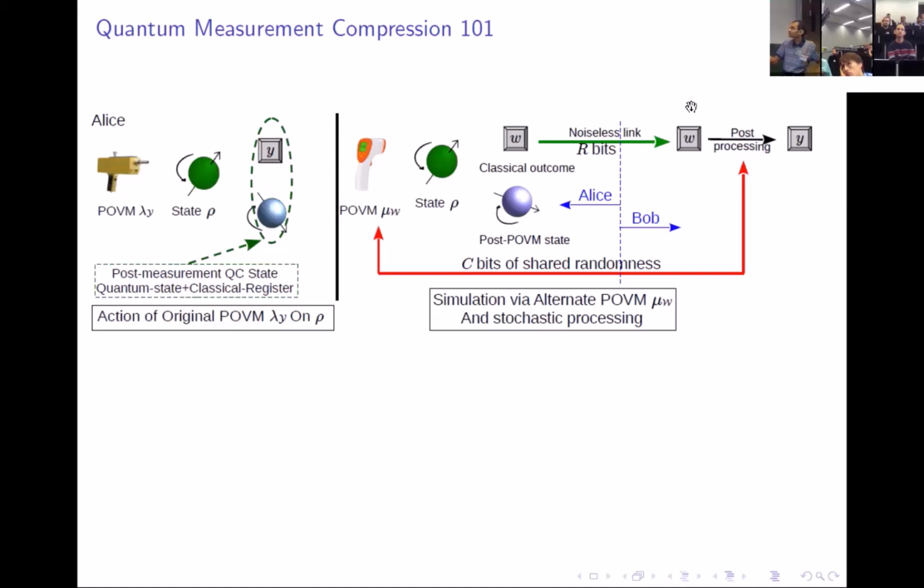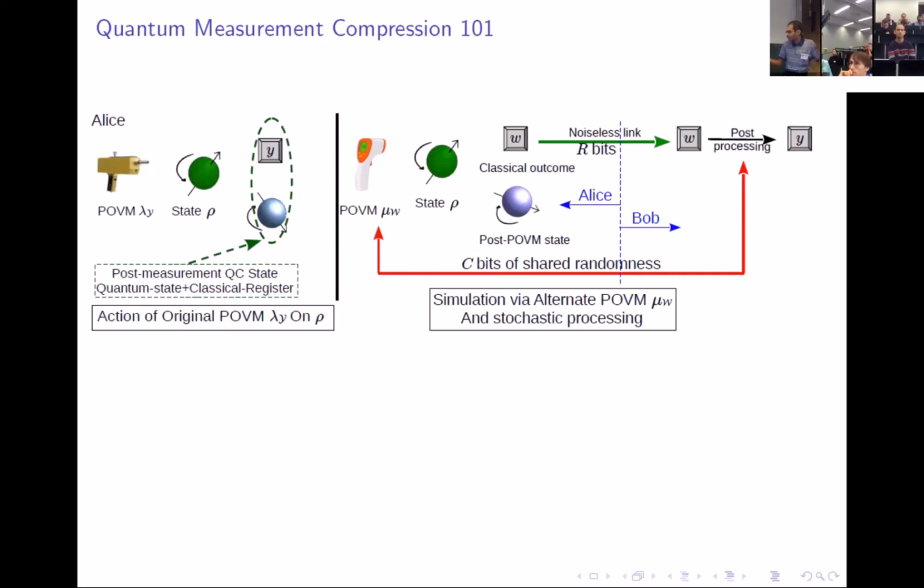You send those R bits to the decoder. Now if the decoder can use these C bits, which are completely independent of the state, and the R bits communicated from the encoder to simulate the Y that was actually of the original state, then you have essentially simulated the POVM perfectly. And so the information content in the outcome is just R. That is the information content in the outcome of measurement.